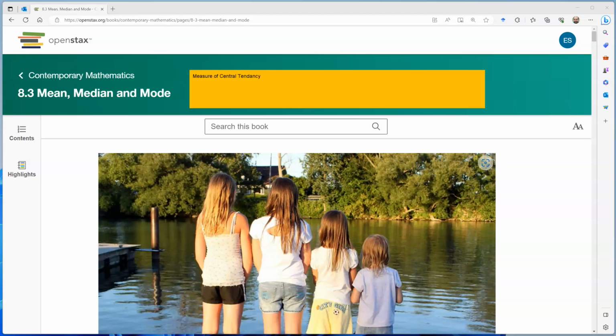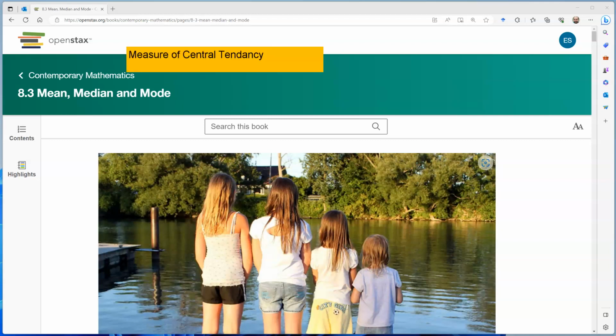So measure of central tendency is often used when talking about center. And so we can summarize, in many cases, this idea of mean, median, and mode by calling it measure of central tendency. So we're looking for things in the middle, in the central portion of our data set.